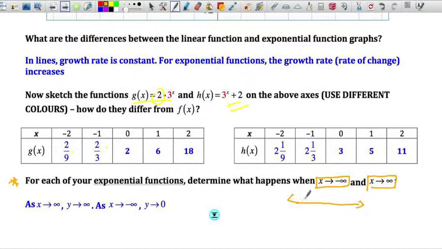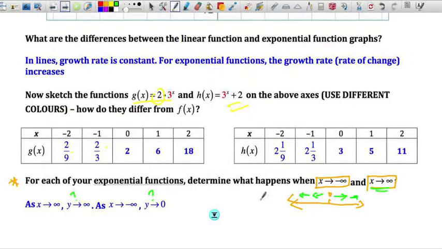If we had a number line over here and we had 0, what's happening is as I move further and further down the number line on the negative side, the question is, what is happening to y? And similarly, as x approaches infinity, as I move all the way along the number line in the positive direction, what is happening to y?